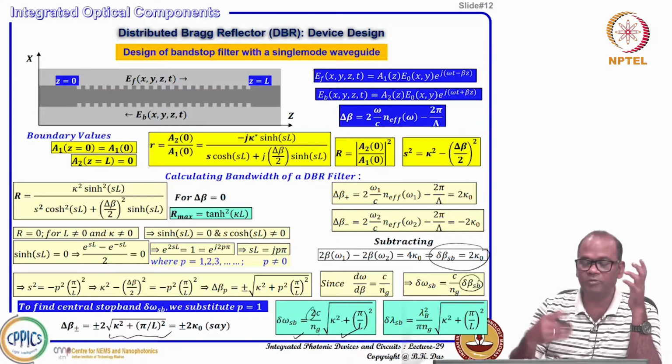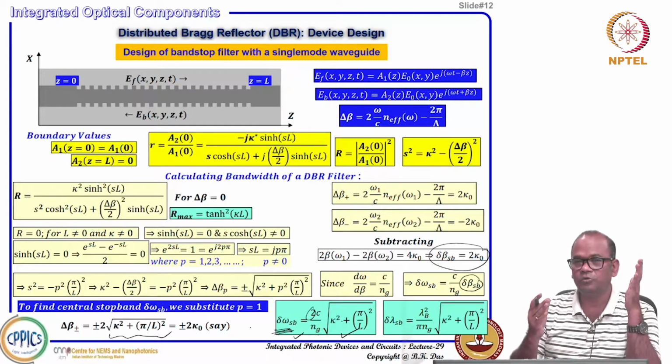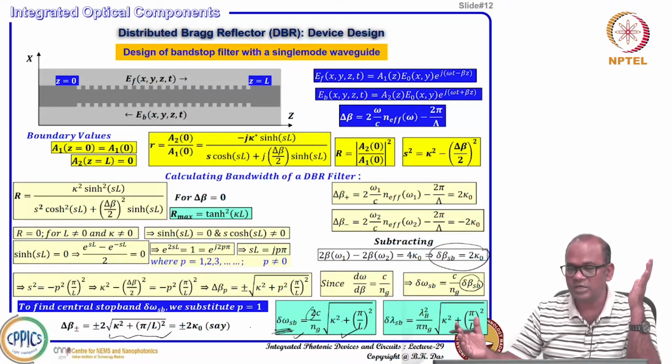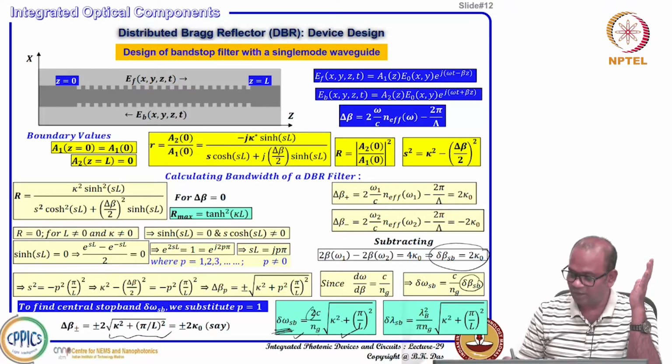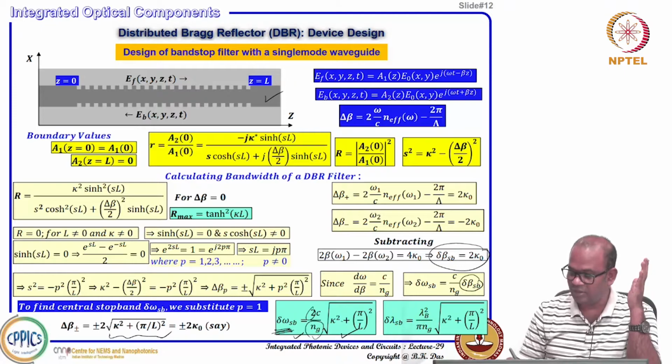So, if you can design properly, if you want to get a certain stop band, a certain bandwidth you do not want to pass through the DBR structure, you can actually design a waveguide such that you get a certain n g and kappa.